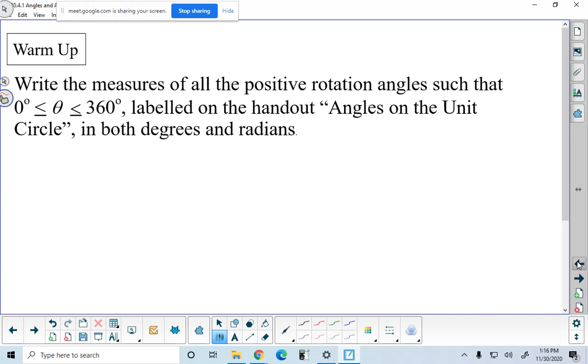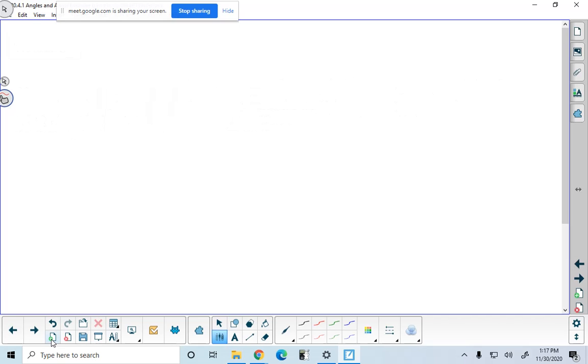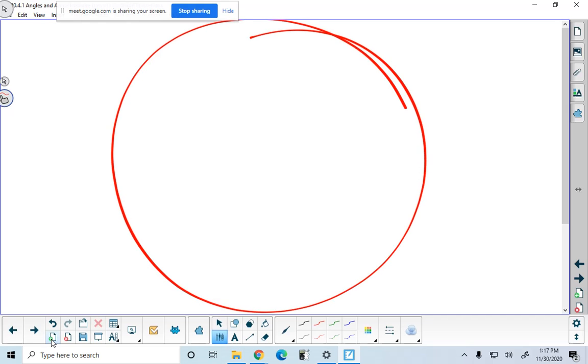Okay, so you need to take a second and find that separate sheet. If you can't find it, then it's not a big deal. Find something nearby that's circular that you can trace, or if you're really good at drawing a circle, just draw a circle as best as you can. You're going to have to learn how to draw this anyway.